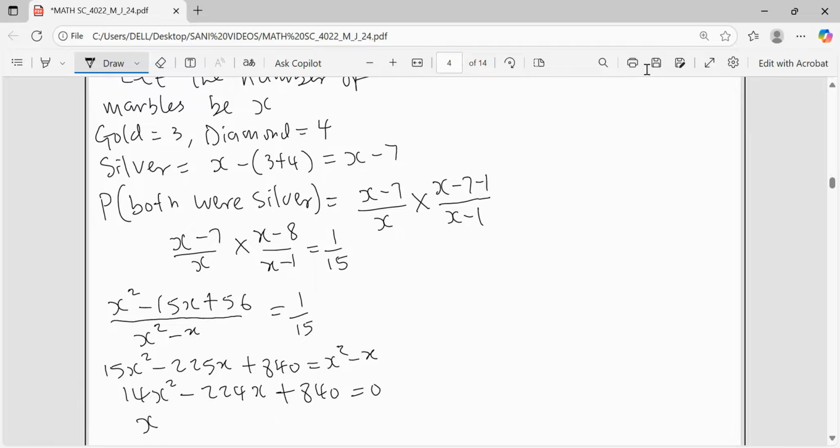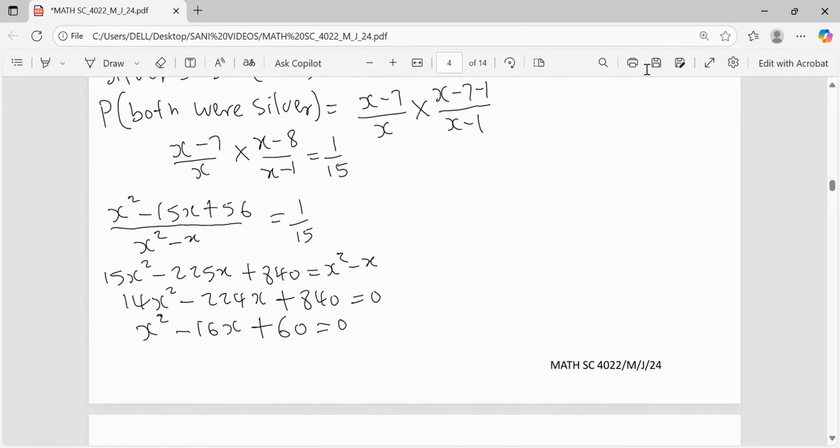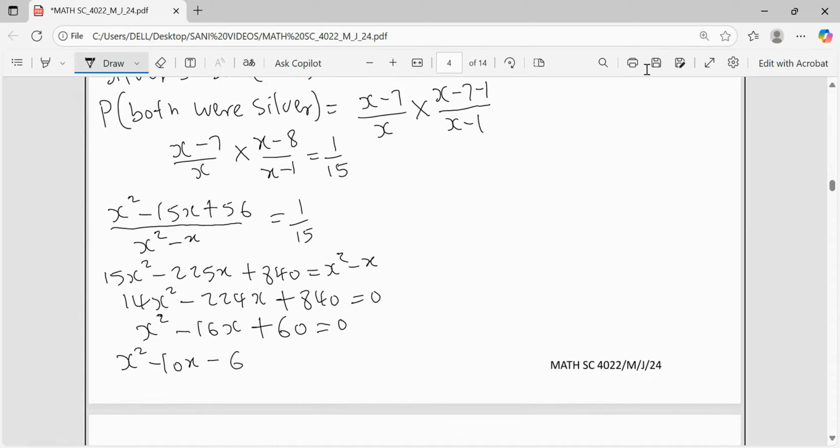So you have x squared minus 16x plus 60 equals 0. Then we can solve this quadratic equation. You can use factorization method. You have x squared, the two factors are minus 10x minus 6x plus 60 equals 0.